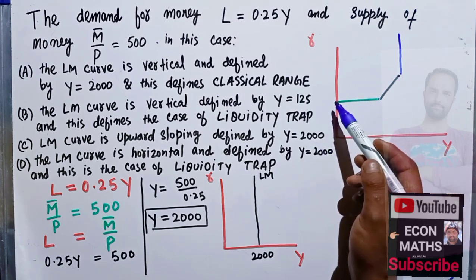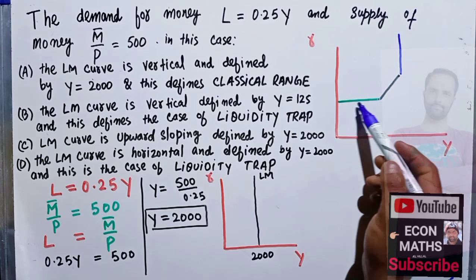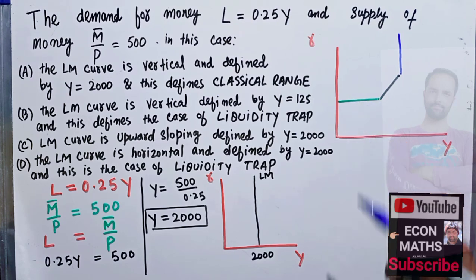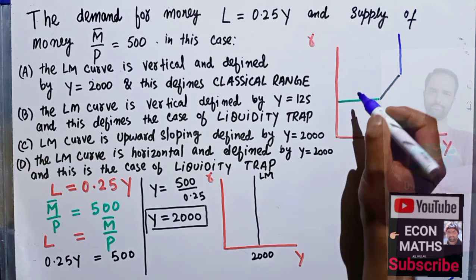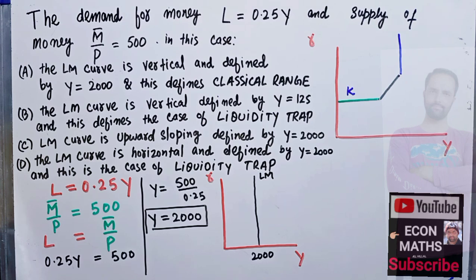That means LM is perfectly elastic, meaning that demand for money is perfectly interest elastic in case of a horizontal LM curve. So this denotes our Keynesian range also. Let's denote it by K.